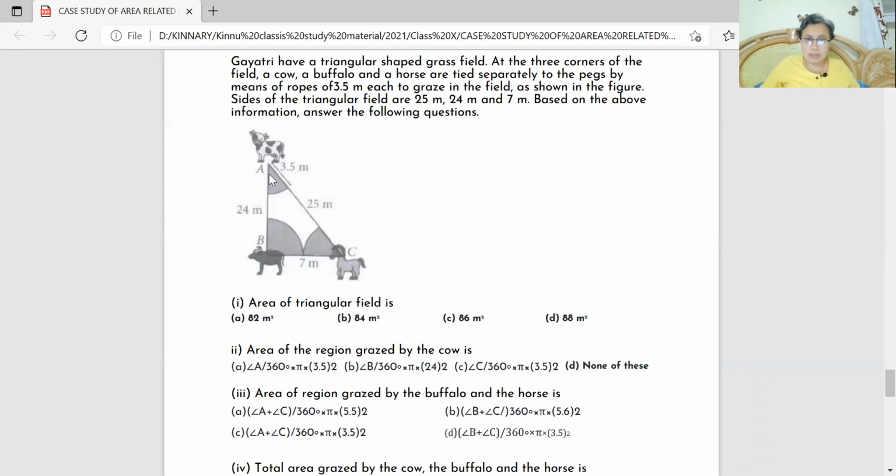That will be the measure of angle A only. So find out which formula will be correct. With angle A, only one formula is going, that is theta, 1 by 360 degree into pi into r square, meaning 3.5 whole square. So the other options will be automatically cancelled and A is the correct answer.